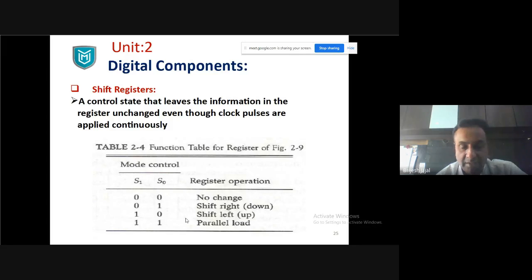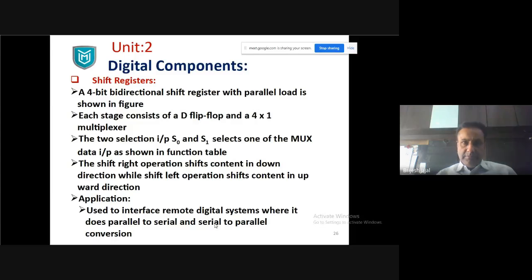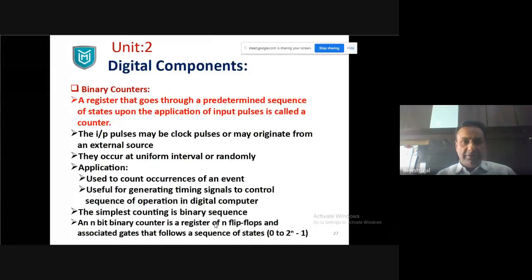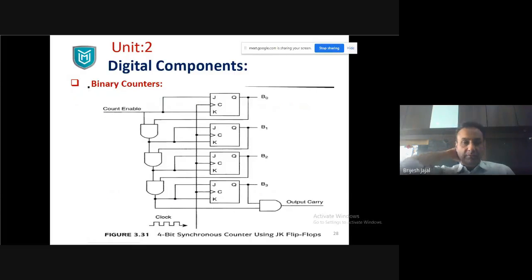Then shift left, and both high is parallel load. That is a special condition which is difficult to handle, so it is not actually possible; this is one error which will appear if you use the shift registers. So there are 4 conditions: no change, shift left, shift right, and parallel load. This is the explanation of how you use the D flip-flop and how the values are shifted from one to another.